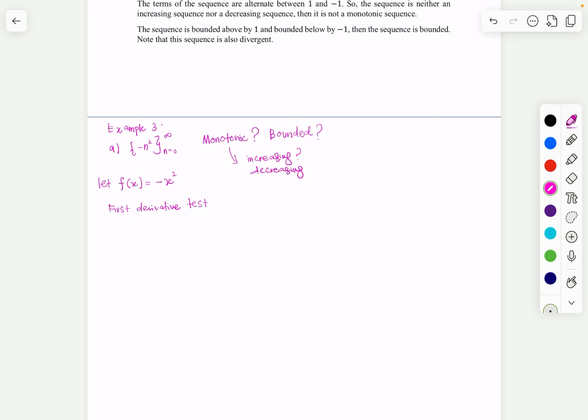If you find the first derivative of the function is positive, then we say that the function is increasing.